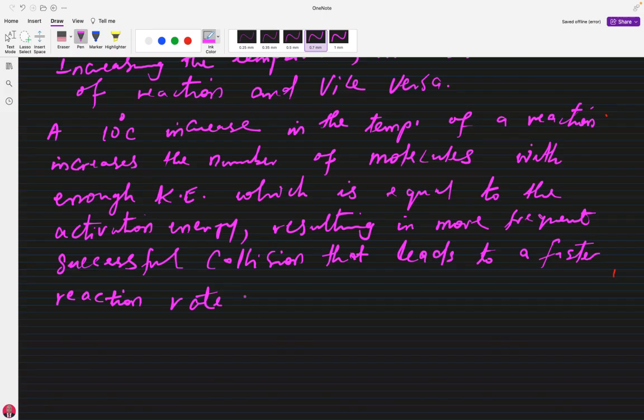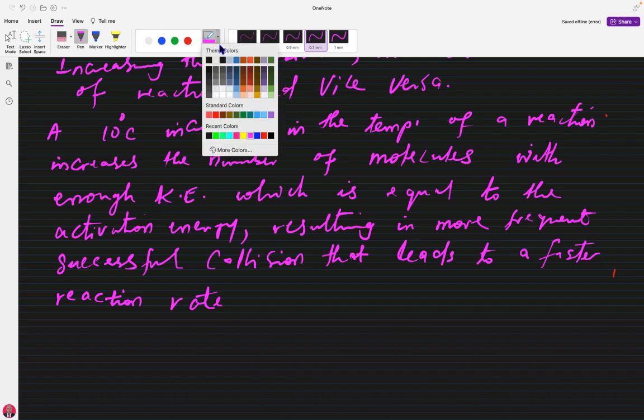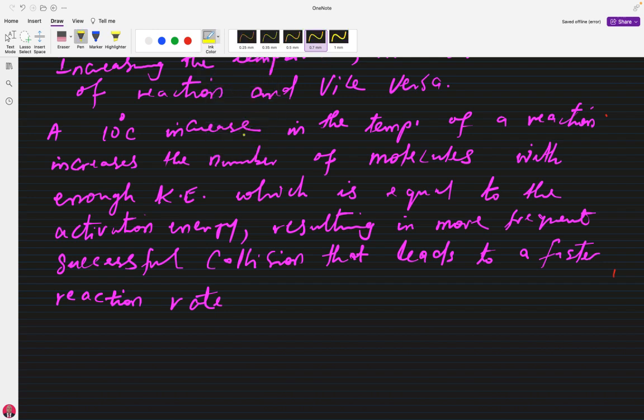I want to give an example of nitrogen monoxide reacting with ozone, which causes the depletion of the ozone layer.